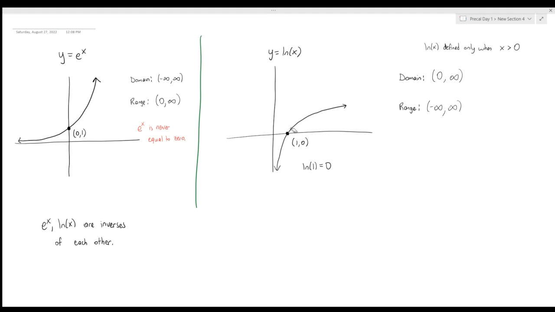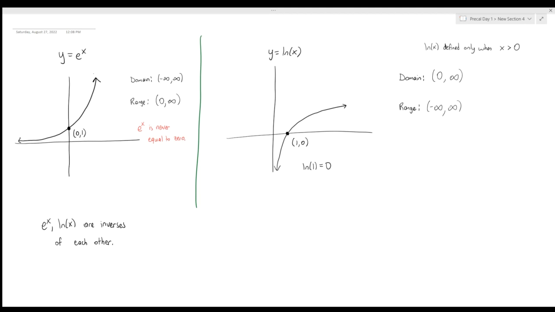The graph is not cut off at any point above. It doesn't have any horizontal asymptote. But it increases very slowly. In contrast, the exponential increases very quickly.